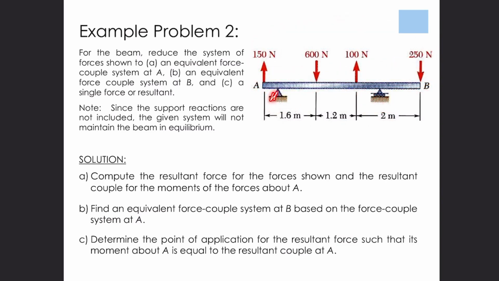So, neglecting the effect of the reactions at the support, what is the equivalent force couple system at A? So, that is the first question. Second is the equivalent force couple system at B. And then, a single force or resultant.